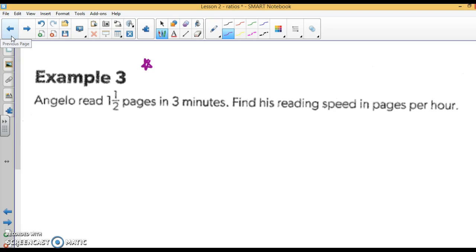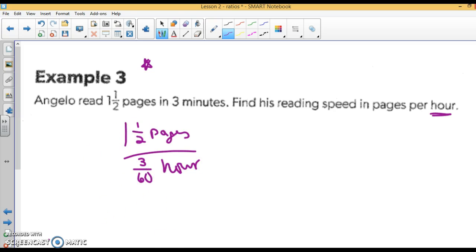Angelo read 1.5 pages in 3 minutes. Find his reading speed in pages per hour. So, 1.5 pages per... I can't do 3 minutes because they're saying pages per hour. So I need to convert 3 minutes into an hour. What was in 3 minutes? 3/60 of an hour.